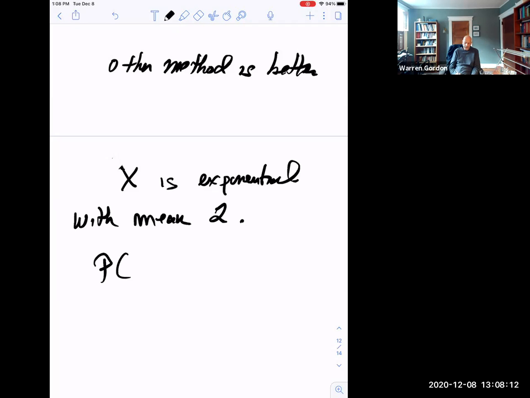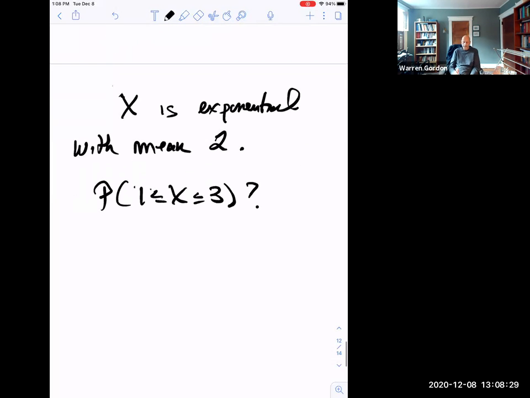What's the probability that x is between 1 and 3? Well, remember, for the exponential, the mean is 1 over the parameter, a, or alpha, I don't remember. So if I'm telling you this is equal to 2, that means a is 1/2.